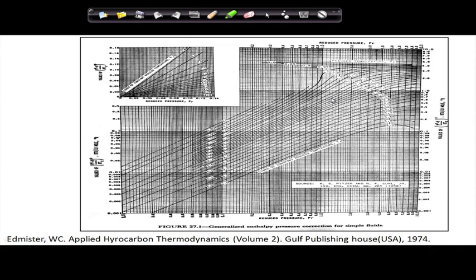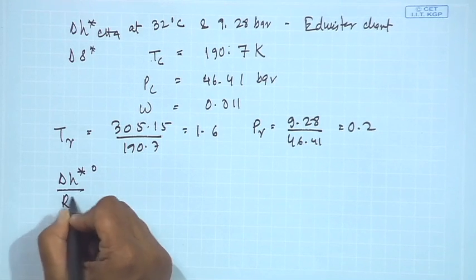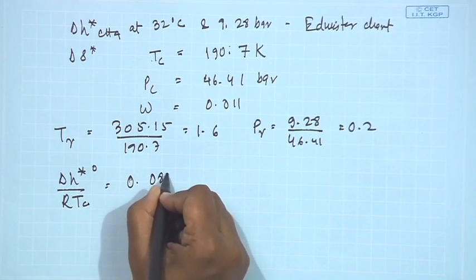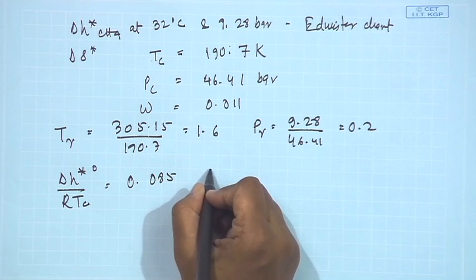This is the line. So if you follow this line and come to 0.2, you find out that your delta H star 0 by RTc, this whole thing becomes 0.085. Check it up for yourself and find out.